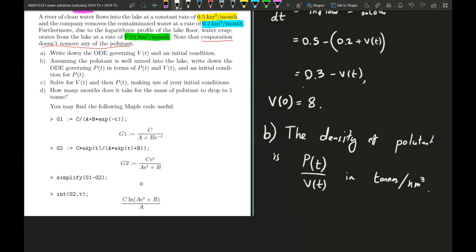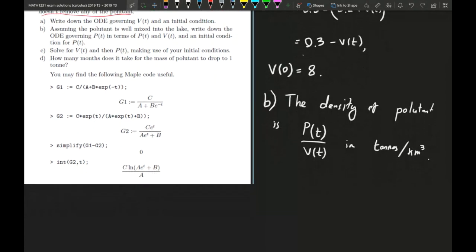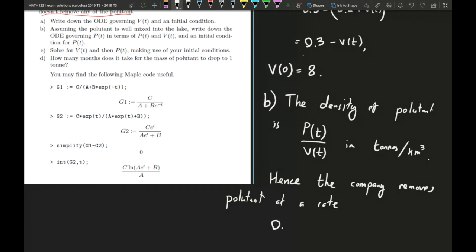So using this, I can work out how much the company is actually pulling out. So hence, the company removes the pollutant at a rate of, well, they're taking 0.2 kilometers cubed per month, and I times that by the density.